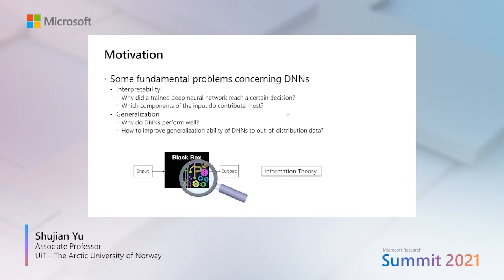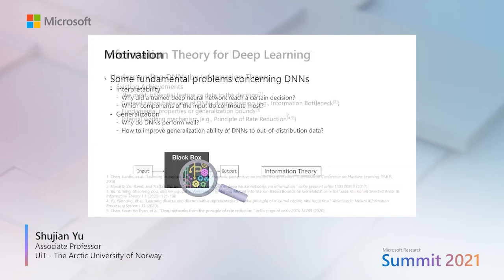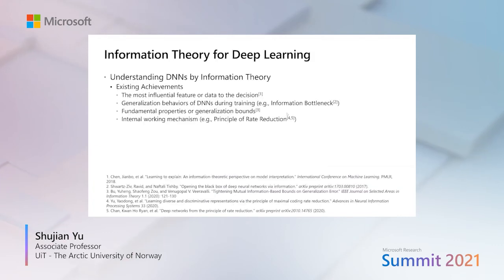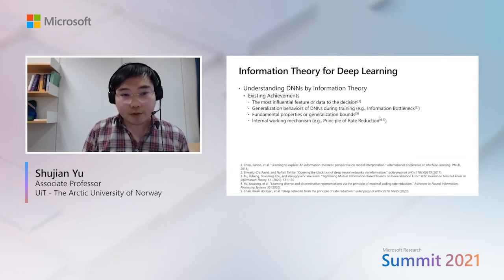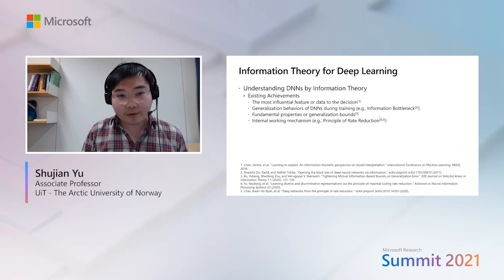Our work in the last few years focused on using the methodology of information theory to answer the questions above and/or try to give some insights to them. Currently, information theory has gradually become a popular methodology in various machine learning or computer vision tasks. Popular examples include using information theory to explain or identify the most influential feature or data to the decision, or understand the general behavior of deep neural networks in the training phase.